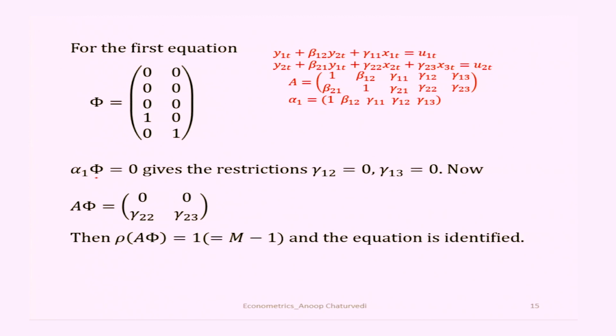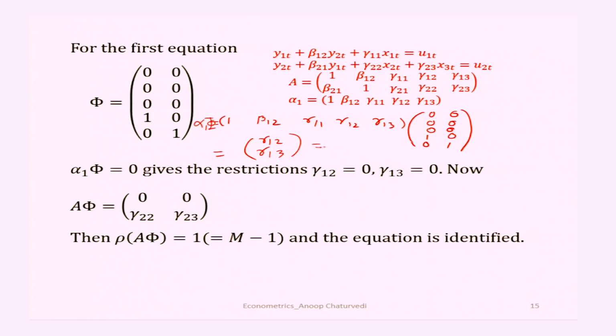So, we take 1 here corresponding to gamma 1 3 and then we take all the elements equal to 0. Now, suppose you take alpha 1 phi equal to 0, then you have alpha 1 equal to this. So, you get the restriction 1 beta 1 2 gamma 1 1 gamma 1 2 gamma 1 3 and your phi is 0 0 0 0 0 0 1 0 0 1, and ultimately this is equal to gamma 1 2, gamma 1 3, and then we take alpha 1 phi equal to 0.